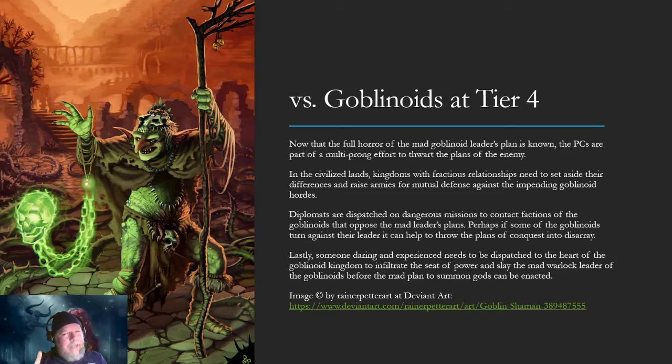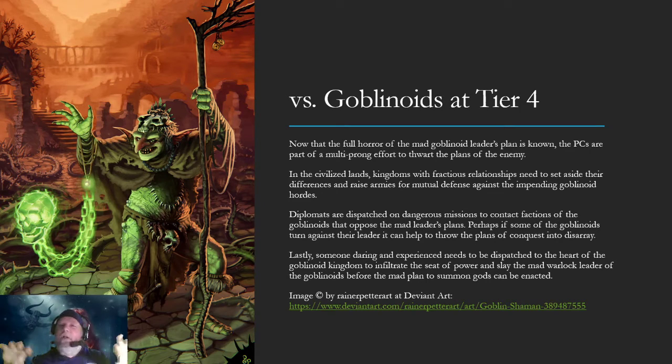Lastly, there's going to need to be someone daring and experienced dispatched to the heart of the Goblinoid kingdom to infiltrate the seat of power and slay the mad warlock or shaman leader of the Goblinoids before the mad plan to summon the goblin gods can be enacted. That is going to be your major showdown, the climax of your campaign.